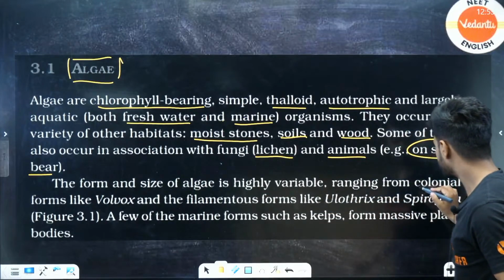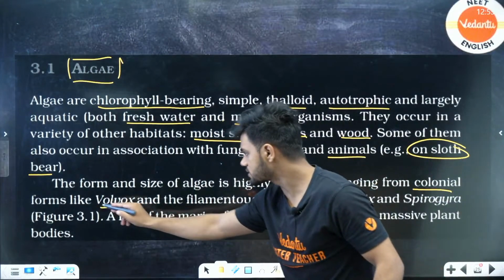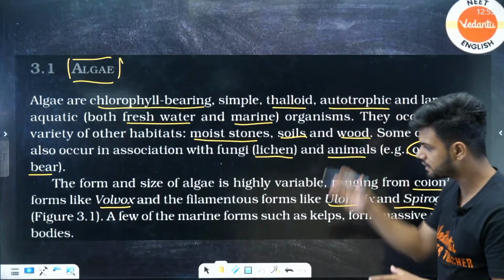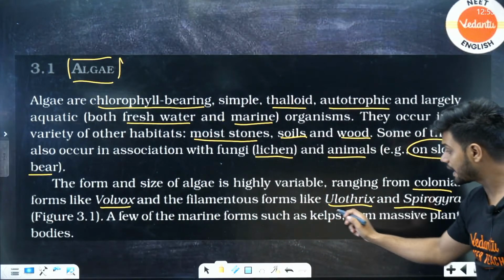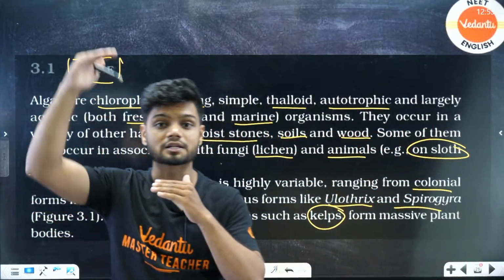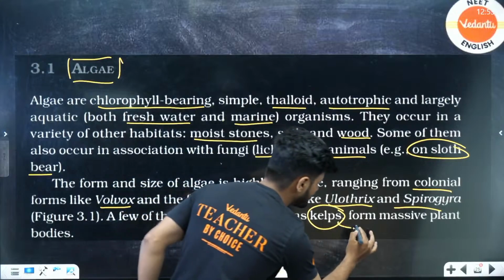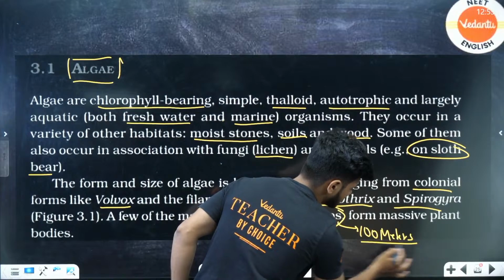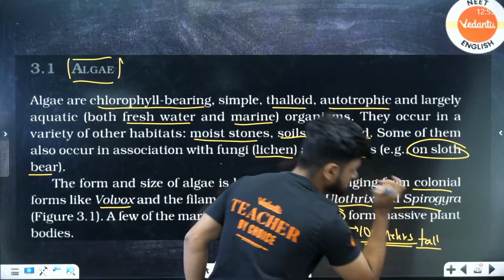We learned about your colonial algae, that is Volvox, and we also learned about filamentous such as Ulothrix and Spirogyra, and few marine forms like kelps, which can go up to 100 meters tall. That is your giant kelp.